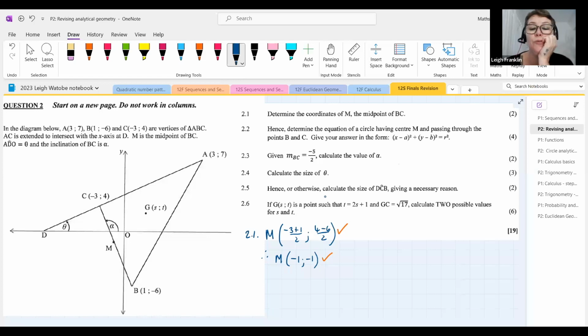Now, question 2.2 uses the word hence. Hence determine the equation of a circle having center M and passing through B and C, and we've got to give our answer in the form (x - a)² + (y - b)² = r². All right, so what should we do now?